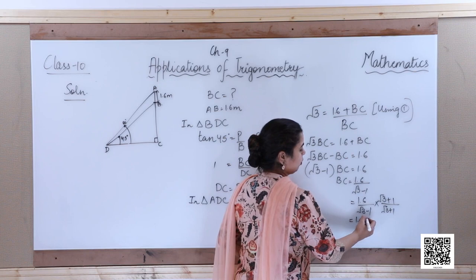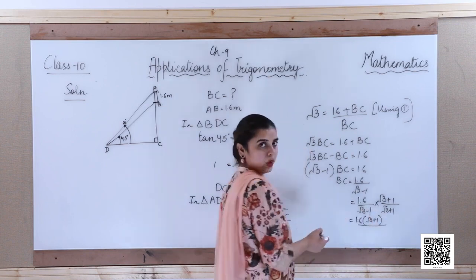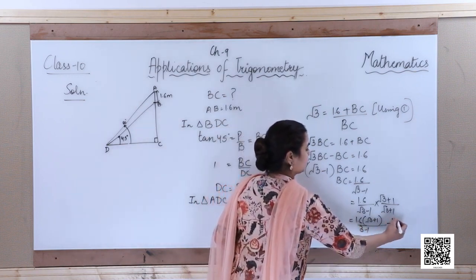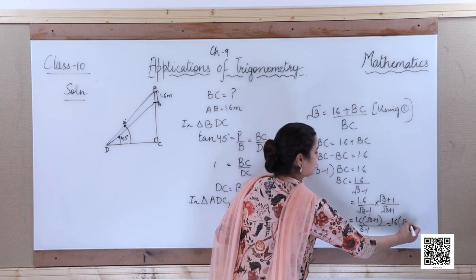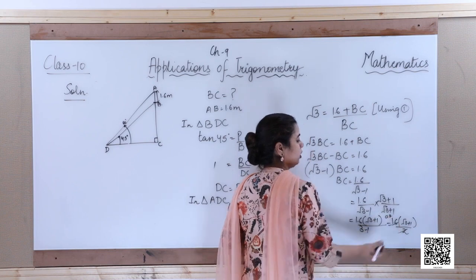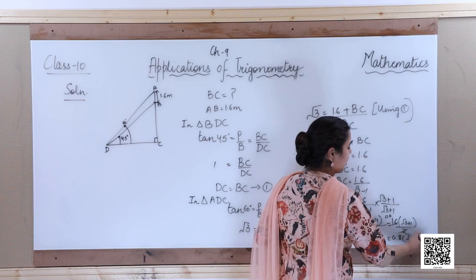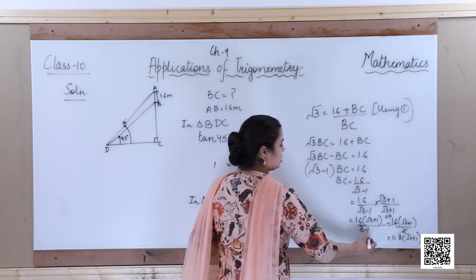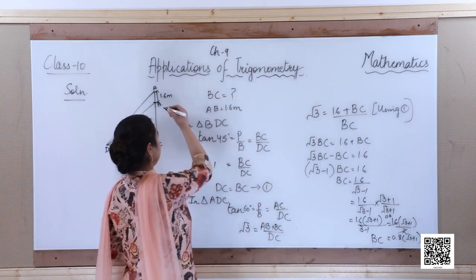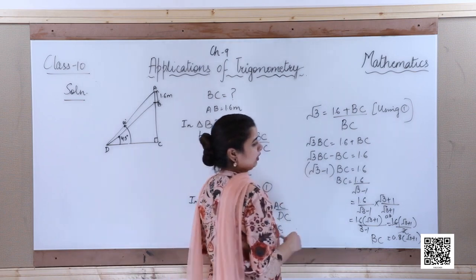I get 1.6 bracket √3 plus 1 upon √3 square minus 1 square, that is 3 minus 1. So 1.6 (√3 plus 1) upon 2. On dividing, I get 0.8 (√3 plus 1) meters. So this is the answer, that is BC, the length of the pedestal. This comes out to be equal to 0.8 (√3 plus 1) meters.